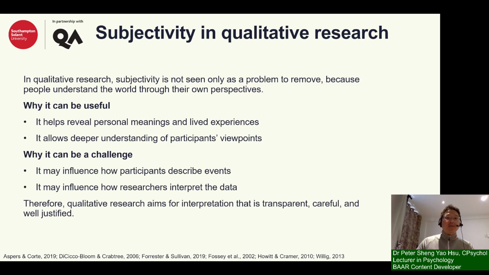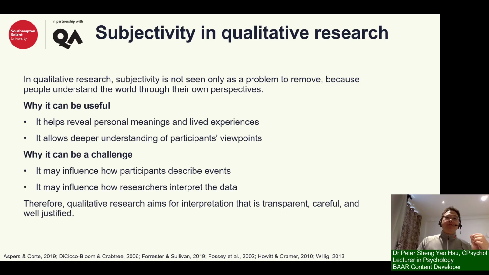Therefore, qualitative research does not aim for interpretation that is completely free from subjectivity. Instead, it aims for interpretation that is transparent, careful, and well justified.